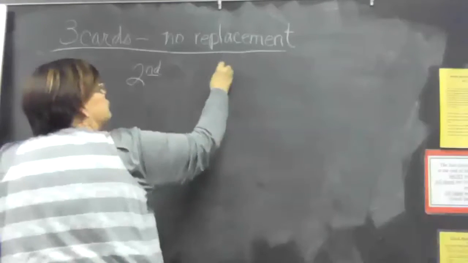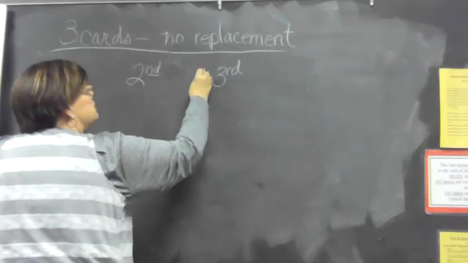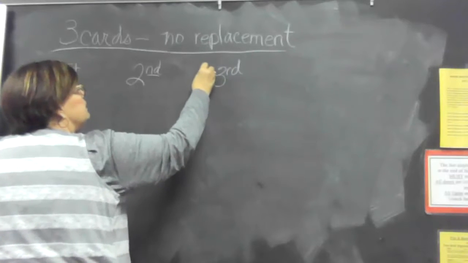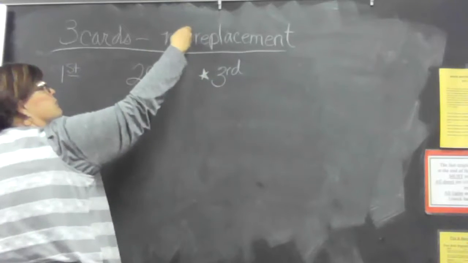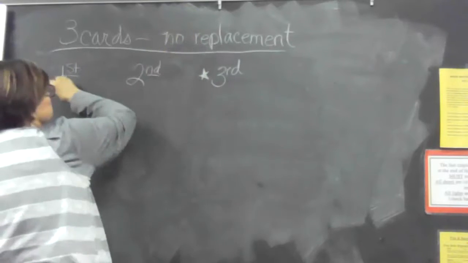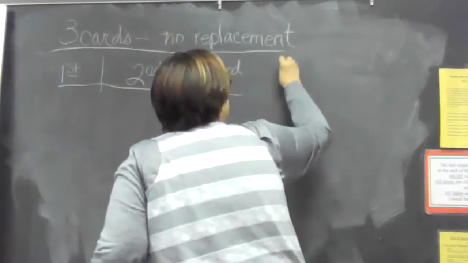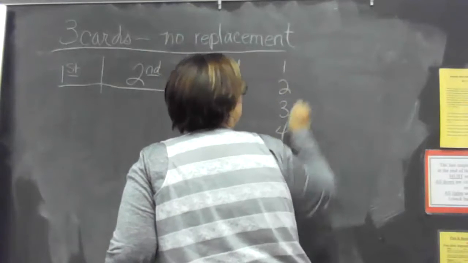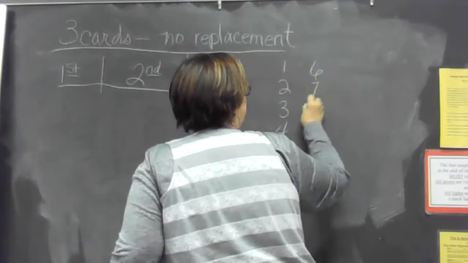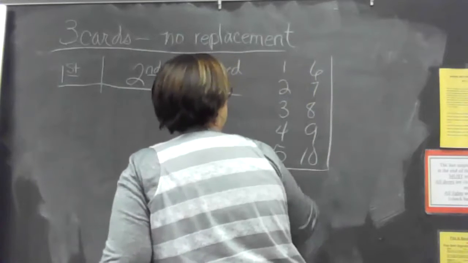And here's the third time I draw. This is the one they want. But we need to look at the first and second draw because we are not replacing the card when we do these. Okay? So our box contains 1, 2, 3, 4, 5, 6, 7, 8, 9, and 10 again.